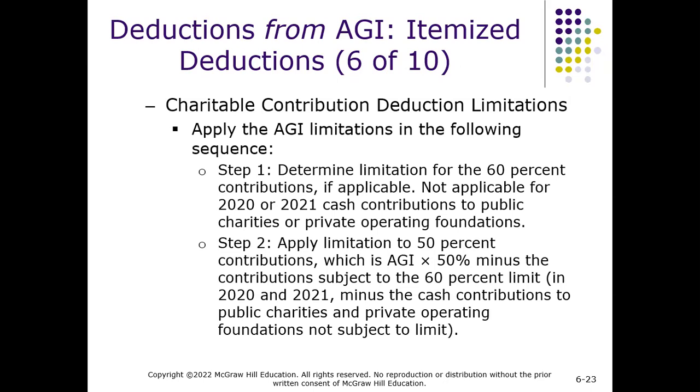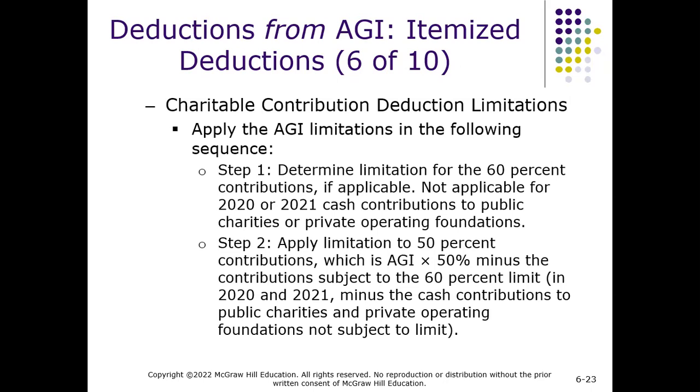Now, how do we deduct this stuff? And they take you through steps. And there's a great exhibit on page 6-20 that shows you how much, what it is, and how you can deduct stuff.